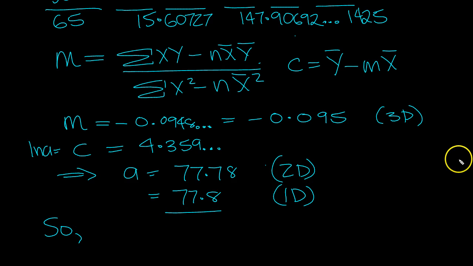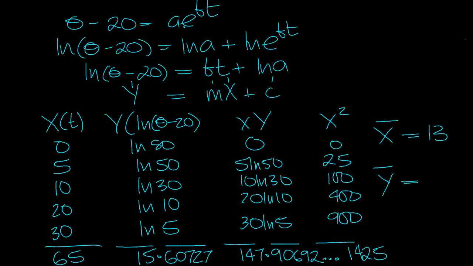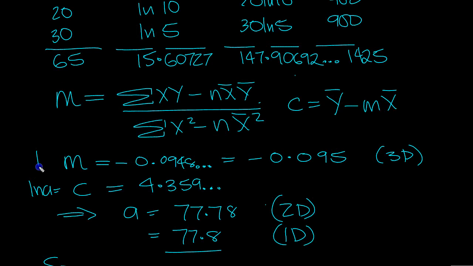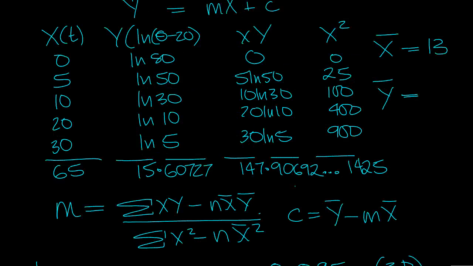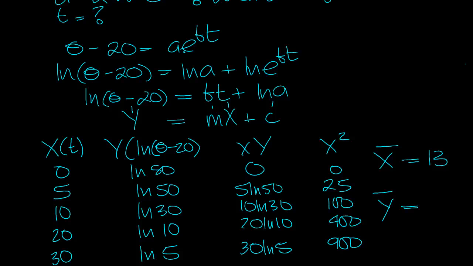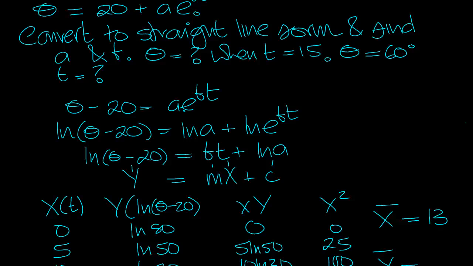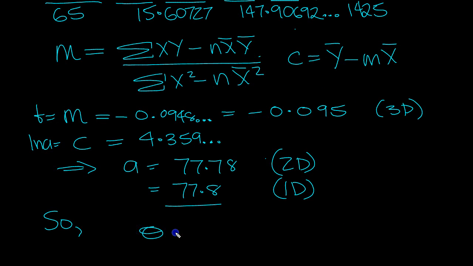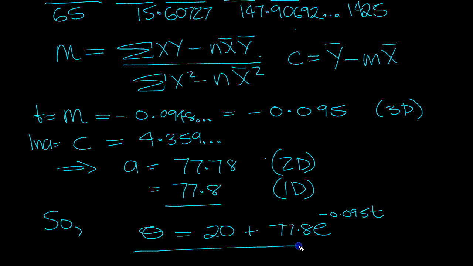So we've got a, and m is the value b, so we can write down the formula now. Theta minus 20, or theta equals 20 plus ae to the bt. Theta equals 20 plus a, e to the b, which is minus 0.095t. There's the formula then.